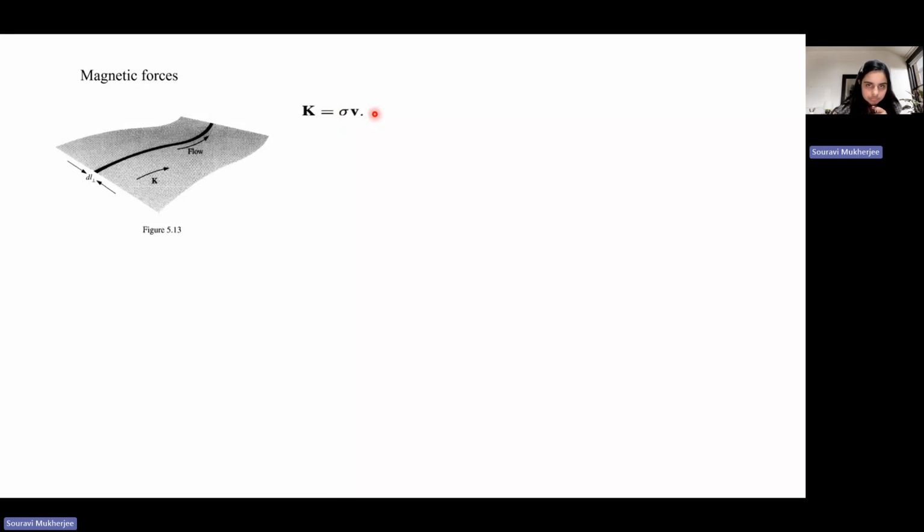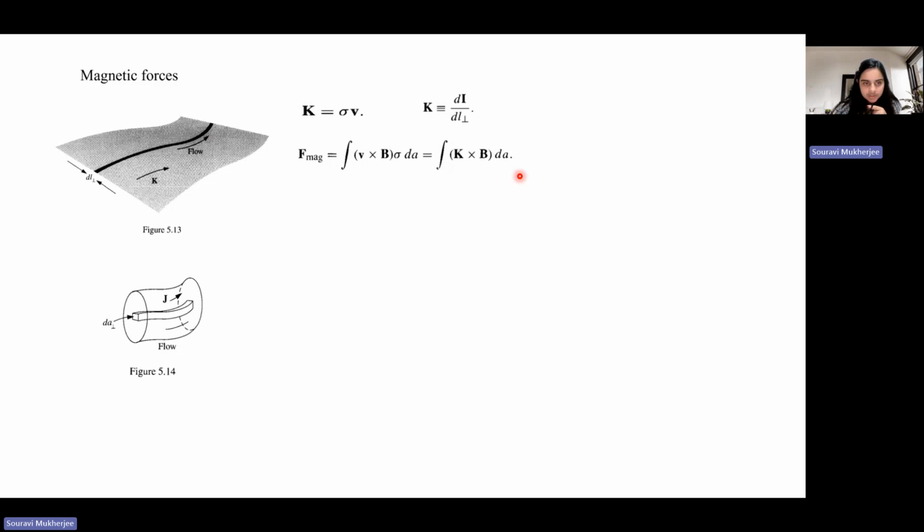If you have a surface where current is flowing, you can divide it into small segments, where K can be written as dI by dl perpendicular, the small length segment into which you divide your entire surface. Then the magnetic force would be given as the integral of K cross B dA. So it's a surface integral.